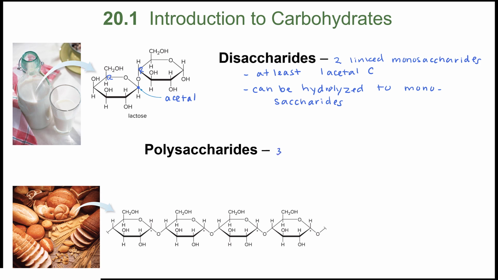A polysaccharide has three or more linked monosaccharides. There's usually at least one acetal carbon, and these can also be hydrolyzed to monosaccharides.